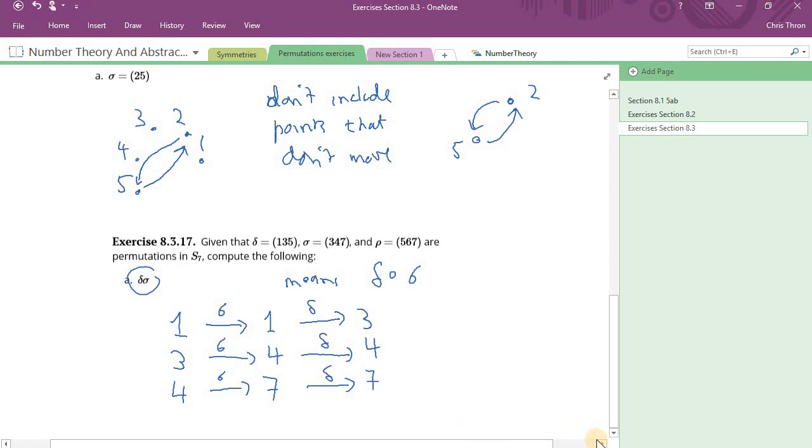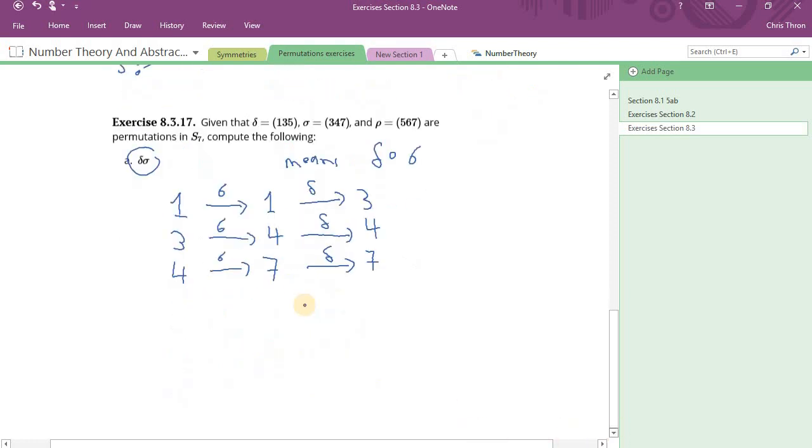Right. So let's just keep on going merrily along. So let's see where 7 goes. 7 under sigma goes to 3. And 3 under delta goes to 5. All right, so let's do 5. 5 under sigma goes nowhere, goes to 5. And then 5 under delta goes to 1.